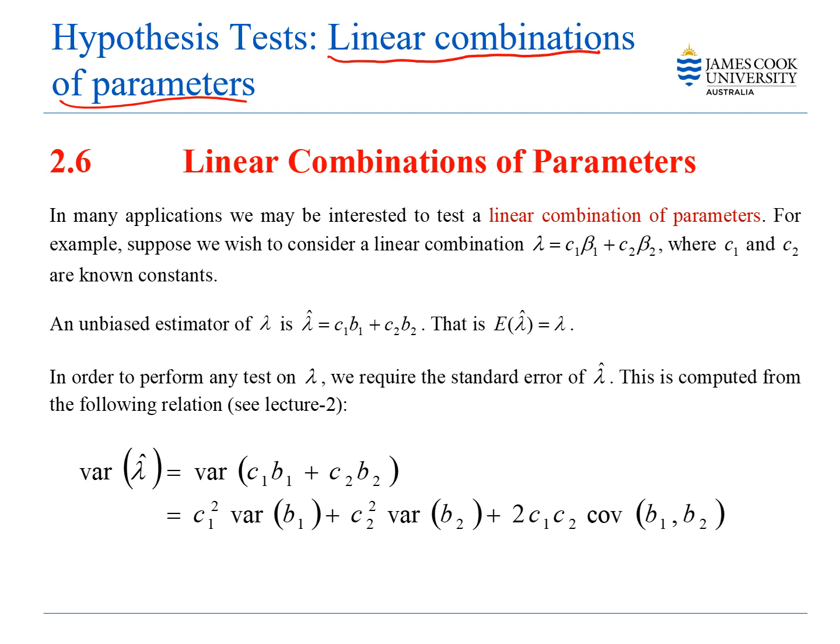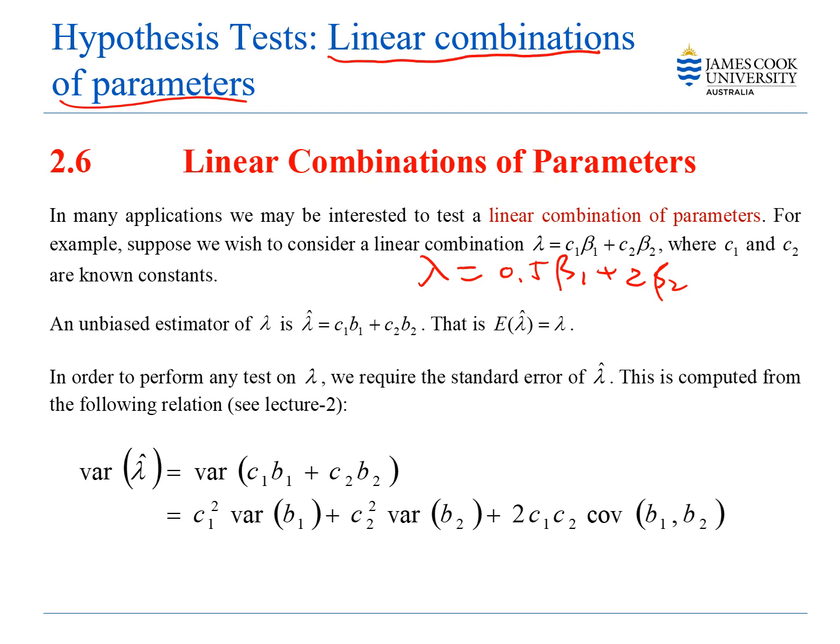We have parameters beta 1 and beta 2, as in our food consumption expenditure example. Let's say we want to test the combination 0.5 beta 1 plus 2 beta 2. We combine these two parameters.